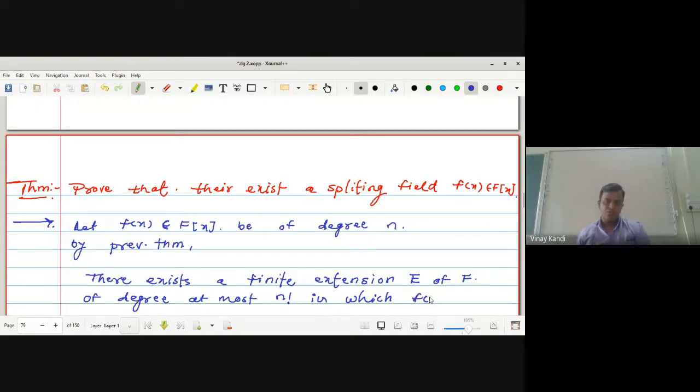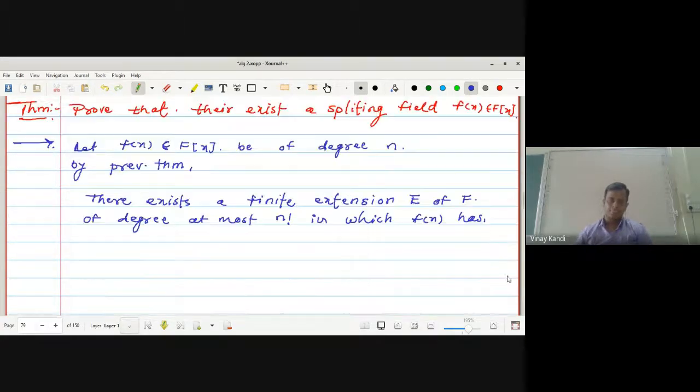This polynomial f of x has how many roots? N roots. Okay. Let f of x belong to F[x] and be of degree n. Then by the previous theorem, there exists an extension E of the field F of degree at most n factorial in which f of x has all the roots, that is n roots.